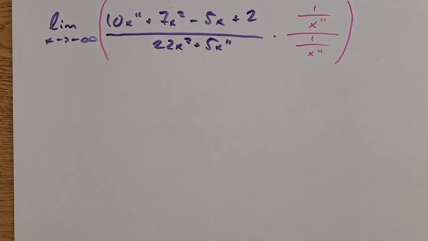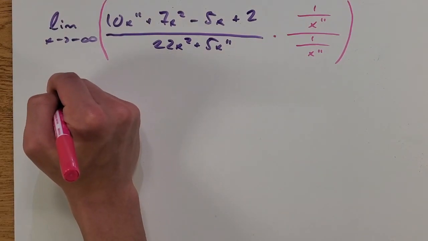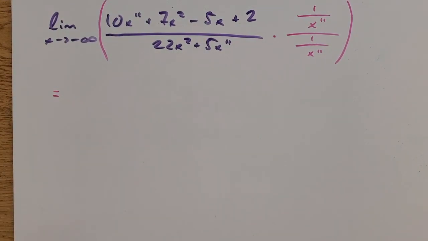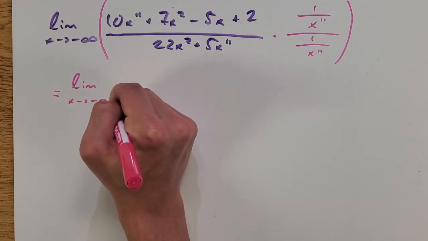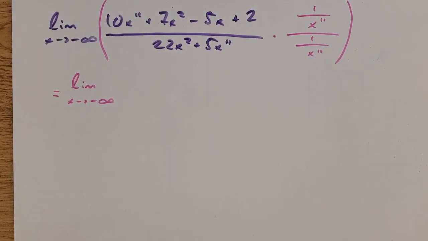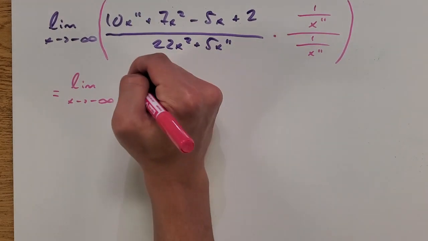Here we're dividing everything by the largest exponent, which is x to the 11th. And now we're going to simplify. The reason we're dividing everything by the largest exponent is because this will allow us to plug in negative infinity and solve.